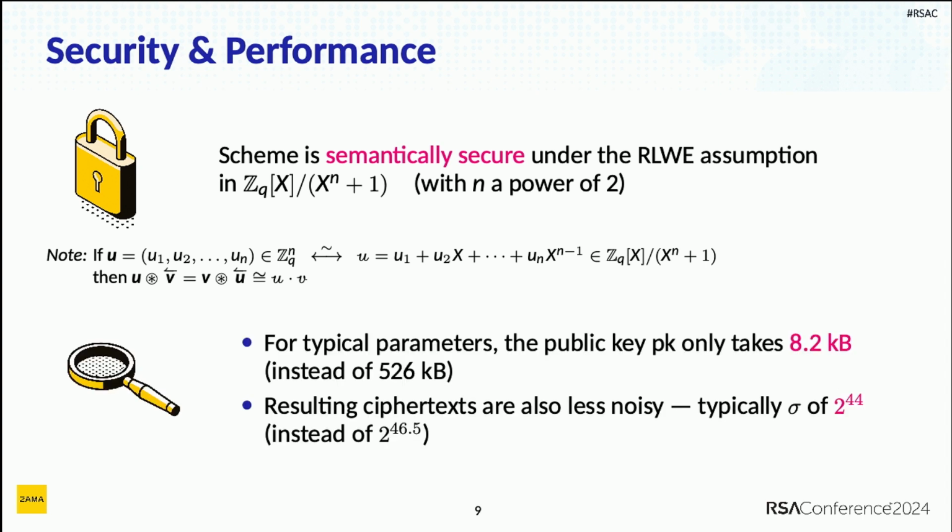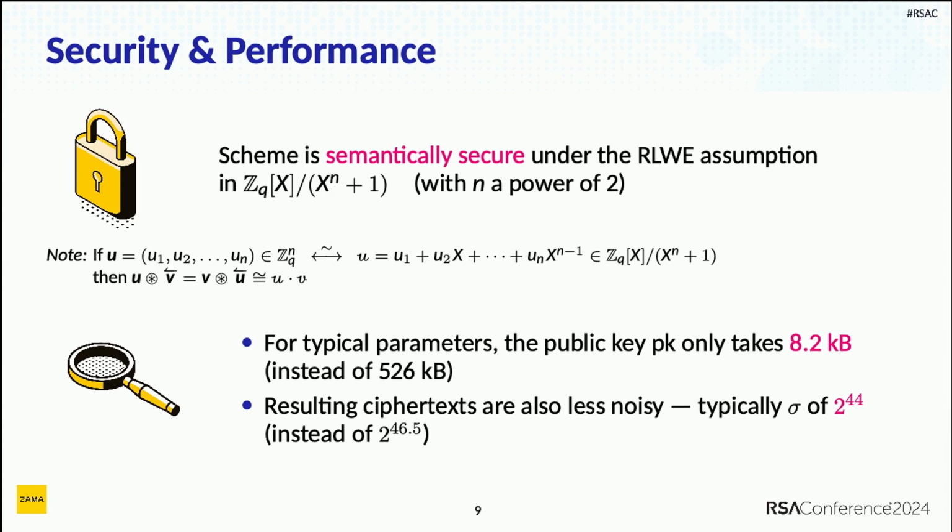Now regarding the performance, remember that with the direct approach, the size of the public key was more than 500 kilobytes. In this case, we have something that is about 8 kilobytes. So you see that there is a big difference between the original scheme and the new one.